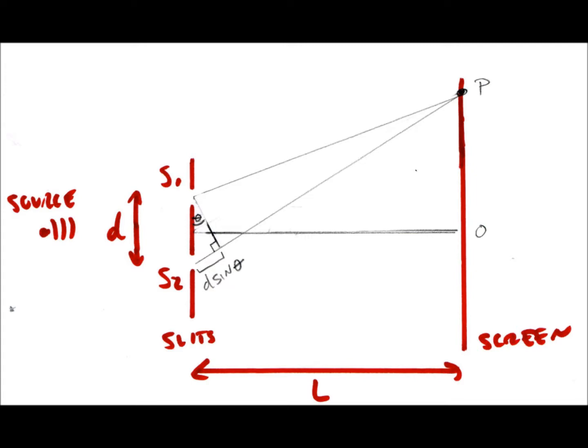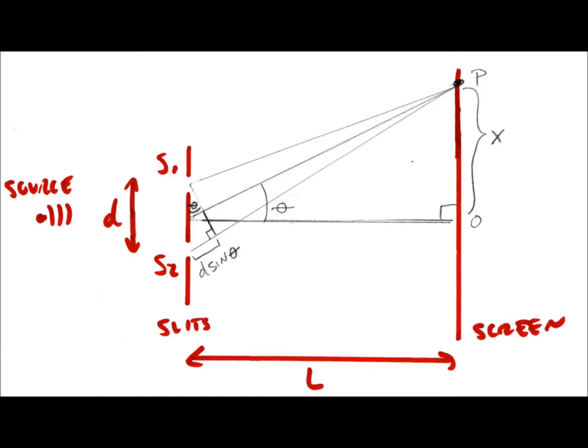The point of this is that the distance from S2 to P minus d sine theta is supposed to be the same as the distance from S1 to P. So in general terms, if d sine theta is some integral number of wavelengths, that is, 1 wavelength, 2 wavelengths, 3 wavelengths, etc., then P will be a place of constructive interference.